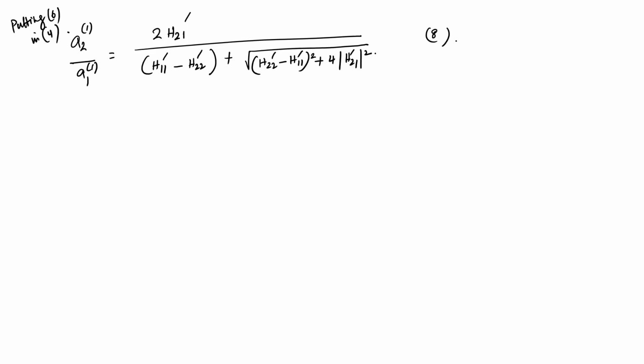So, the A11 mod square plus this mod square, which does not have any real meaning if all these matrix elements of H prime are real, but we still write it notionally as mod square, A21 mod square is equal to 1. So, these two equations will allow you to solve this problem.